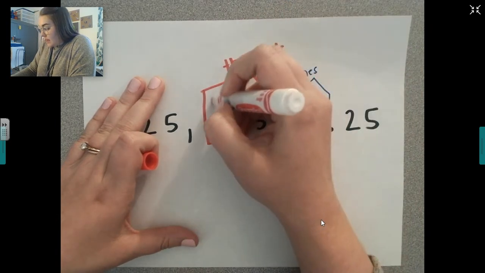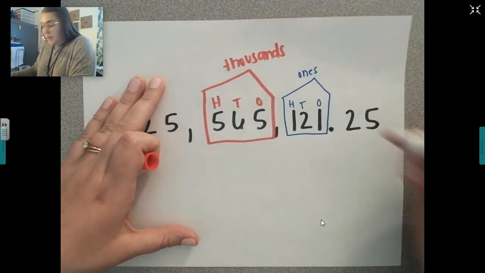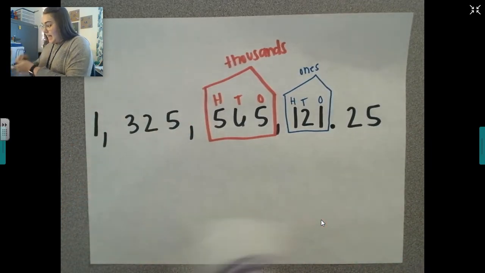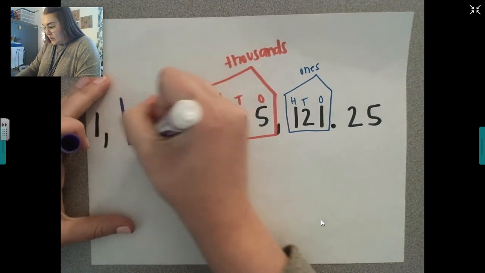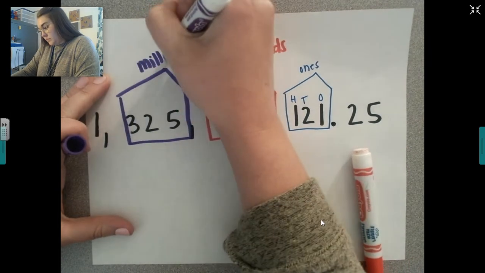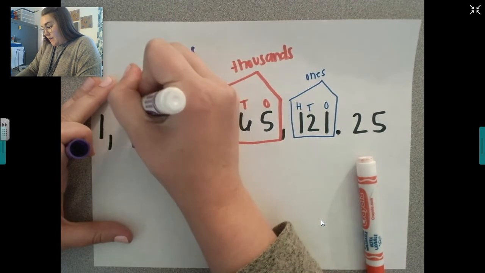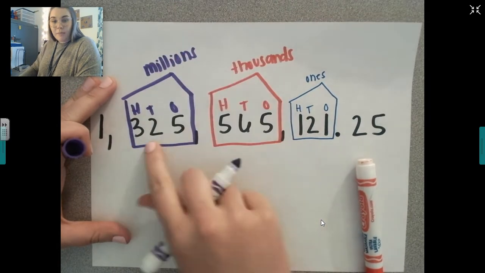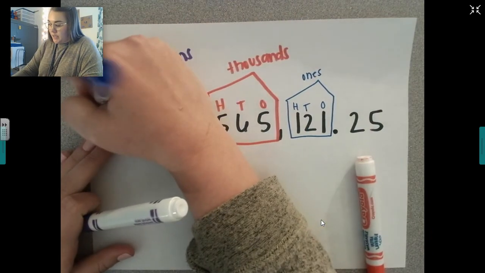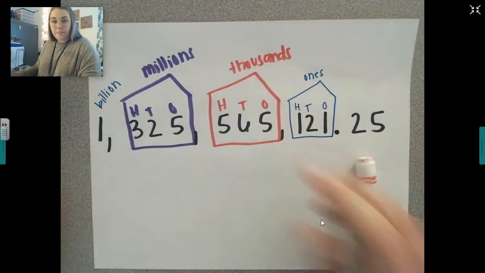And I have 100,000, 10,000, 1,000, HTO. Then I have my millions house. I have 100 million, 10 million, 1 million, HTO again. And then here I just have billions because we don't go farther than billions in the fourth grade.